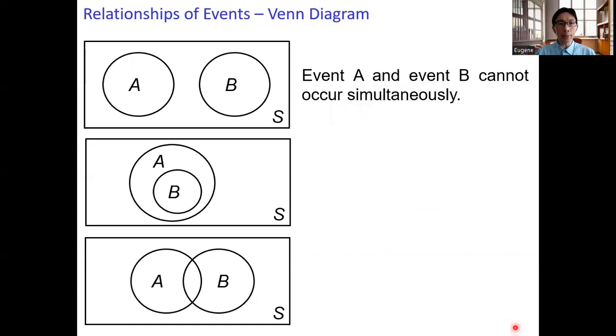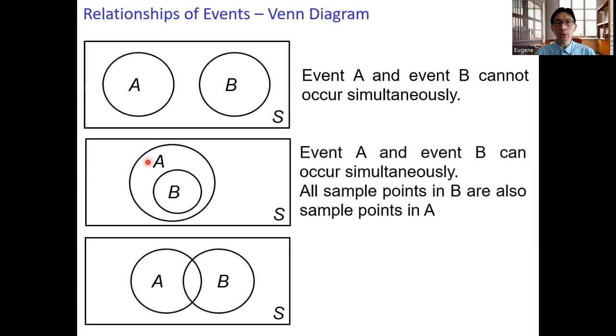In the second diagram, circle B is entirely in circle A. So here event A and event B can occur simultaneously, and all sample points in event B are also sample points in event A. So we can see that when event B occurs, event A must occur, but not the other way around.